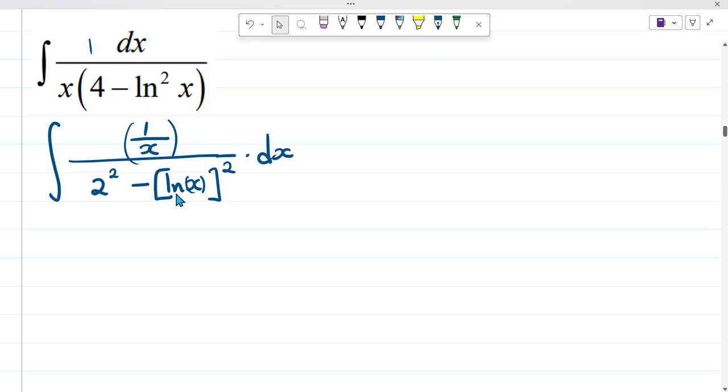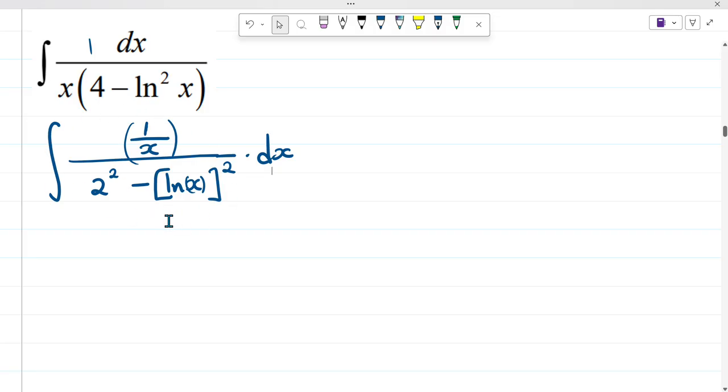So I check: the derivative of ln of x with respect to x is just 1 over x, right? Is the numerator the derivative of whatever is squared here? Yes.